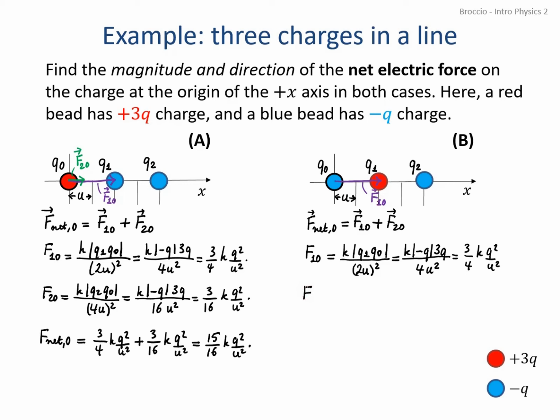In magnitude, F20 will be 1/16 k q squared over u squared, but this time pointing in the negative x direction. Let's draw the vector F20.